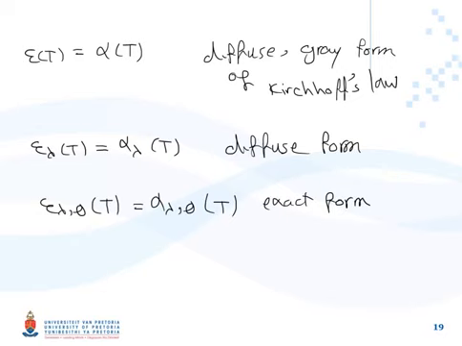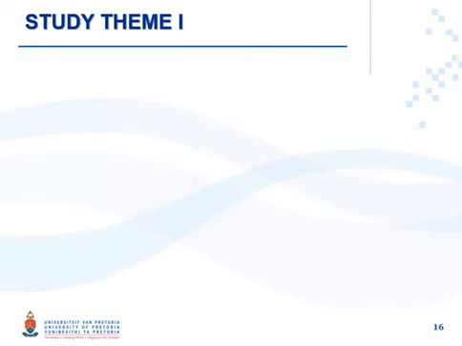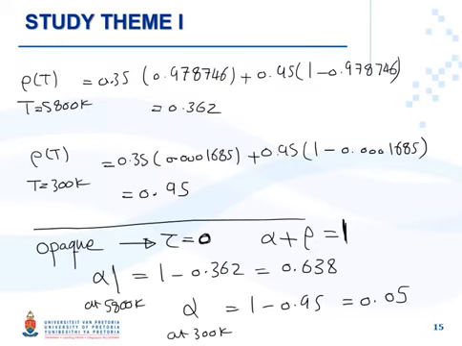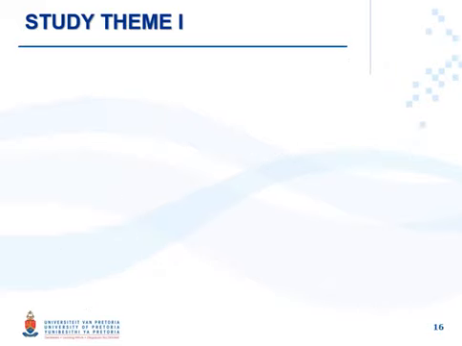Okay, now if we go back to the example that we were talking about, we have the reflectivity, we have the absorptivity, and we know the transmissivity is 0. By having the absorptivity, we have emissivity as well.